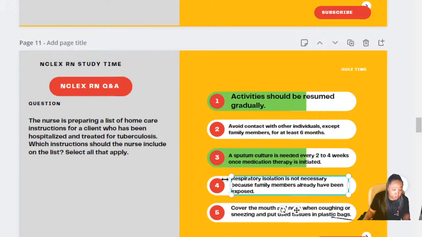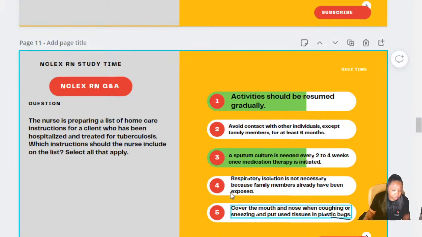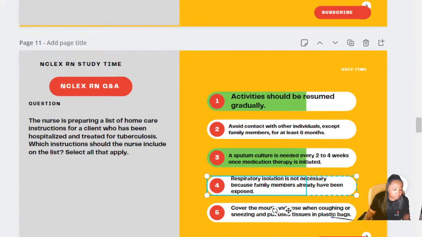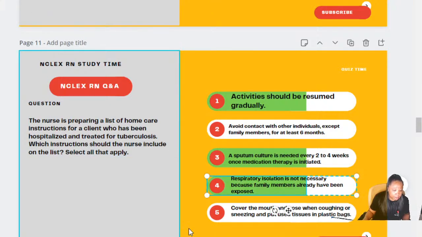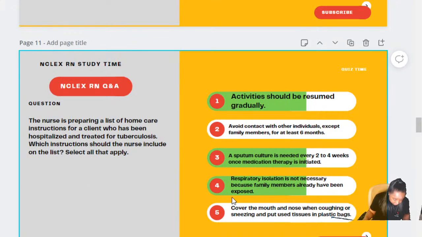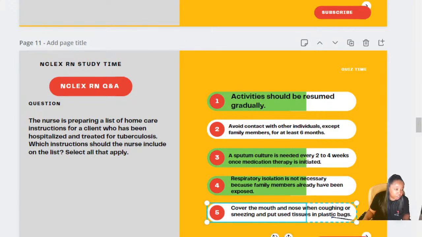And then this one is a yes to number 4. Respiratory isolation is not necessary for family members because they are already exposed, right? And then the last one is a yes. Patient has to cover the mouth when sneezing or coughing.